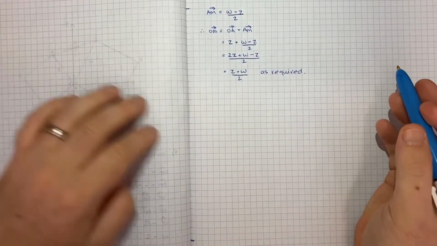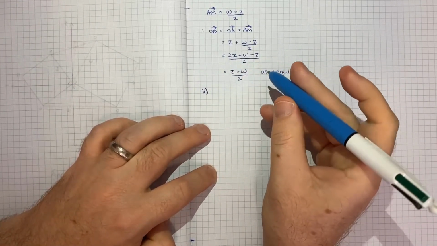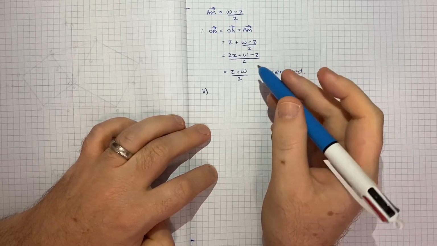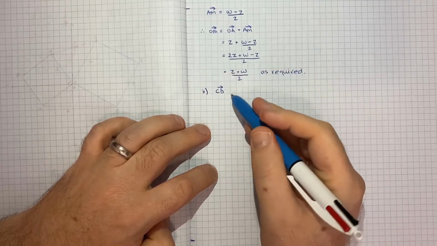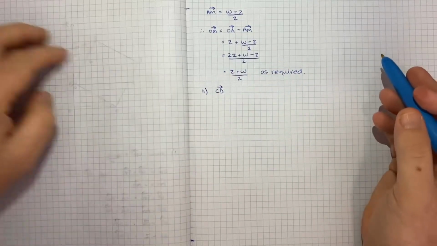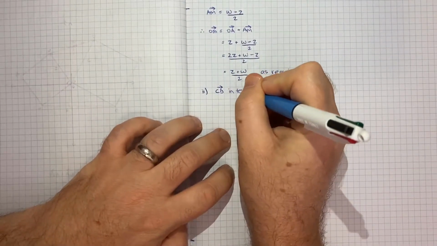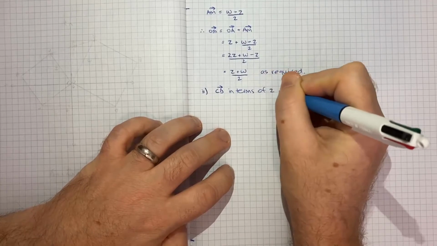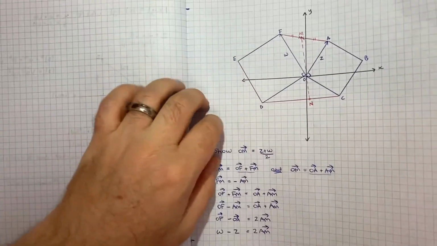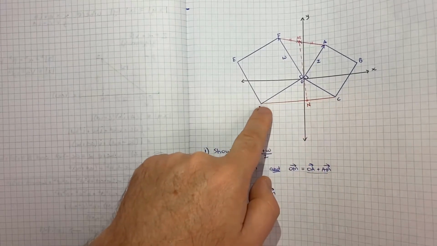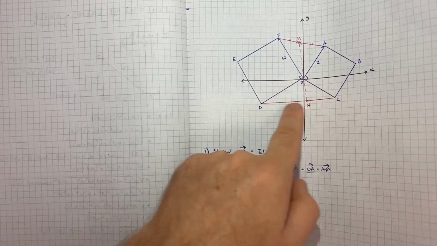So that's part 1. For part 2, we're asked to find vector CD in terms of Z and W. If we come back to our diagram, I'll write that out in terms of Z and W. If we look at vector CD, we could say that vector OD is vector OC plus vector CD.